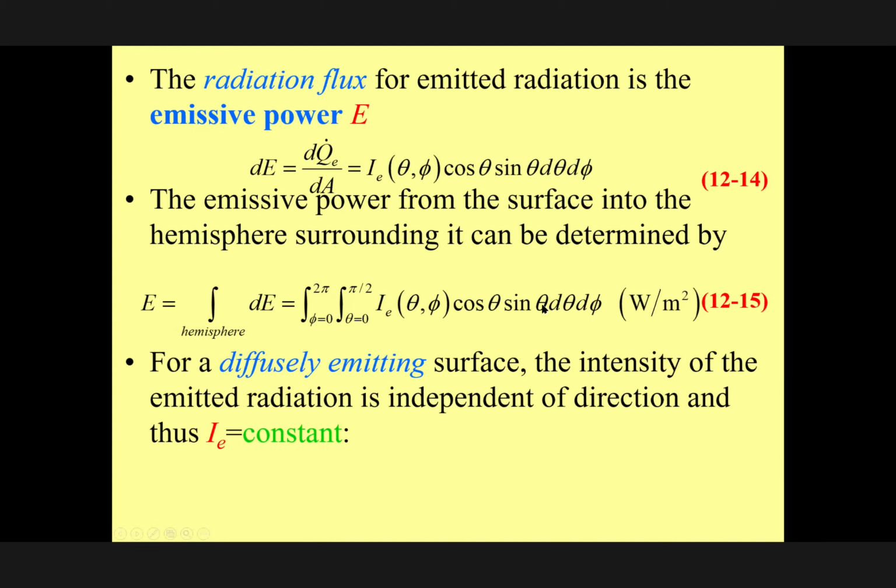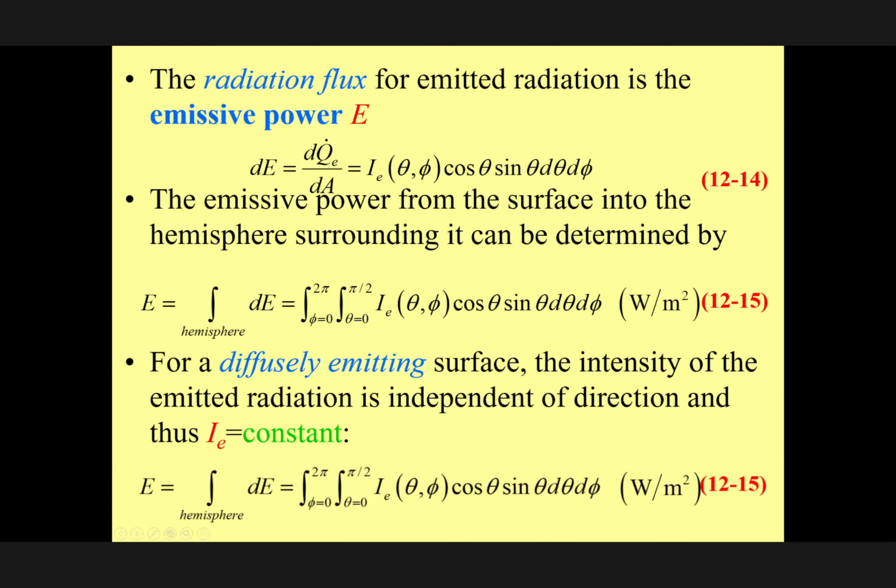Okay. But if I assume it's diffuse, again, remember, if I assume it's diffuse, it means uniform. It is not a function of these two angles. This is the mathematical definition: it is not a function of this, and it's not a function of this. This value is constant. It means in every direction it is the same. Therefore, I can take this one out of the integral, and if I integrate from 0 to pi over 2 and 0 to 2 pi, I end up with this expression. Okay.